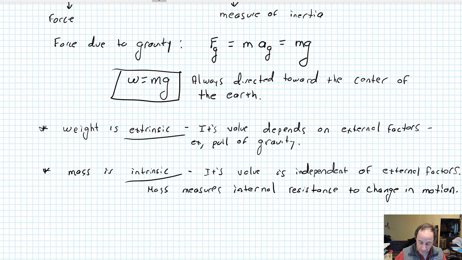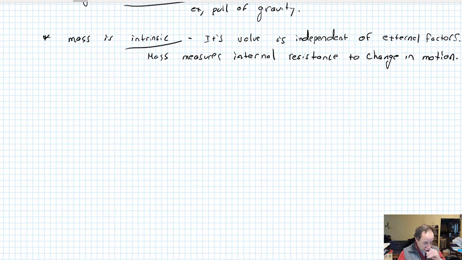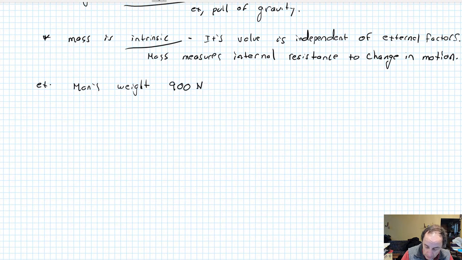All right, so just to work with these a little bit, let's take an example problem. A man weighs 900 newtons on Earth. Okay, so this is weight. Newtons is a force. You can't say a man weighs a certain number of kilograms because that's mass. You can say a man has a mass of however many, 200 kilograms or whatever.